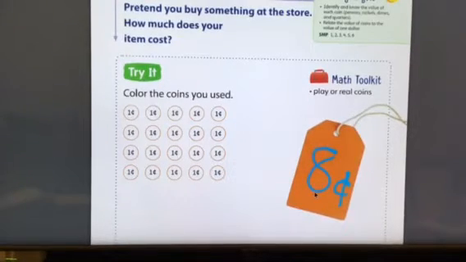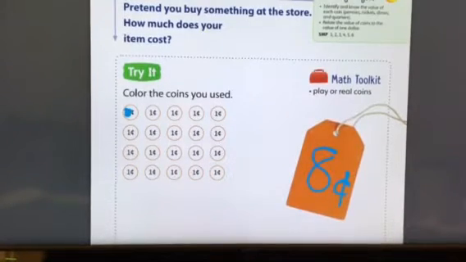So if our item is 8 cents and each of these are 1, how many of these coins are we going to need? I hope you said 8. If you said 8, you are correct. So we're going to color in 1, 2, 3, 4, 5, 6, 7, 8.